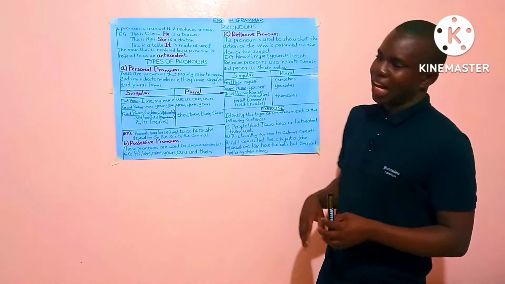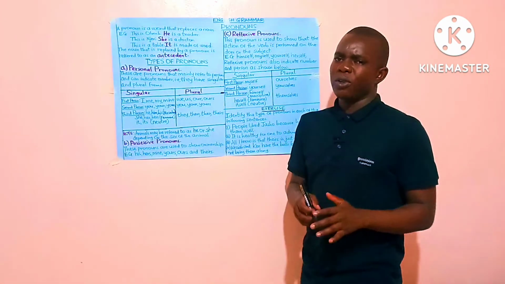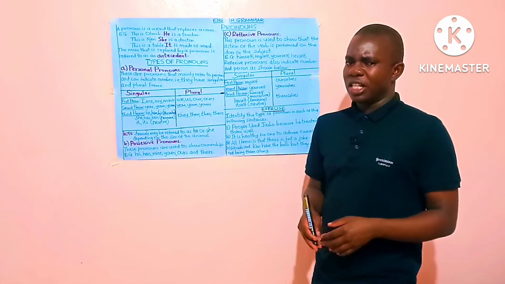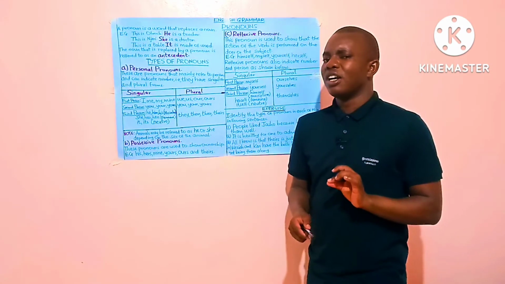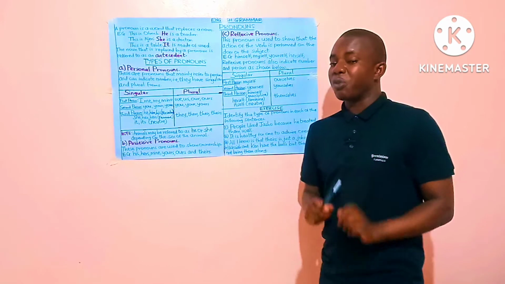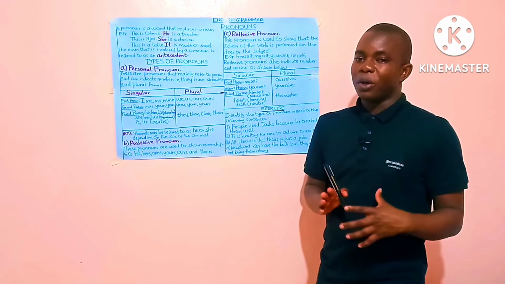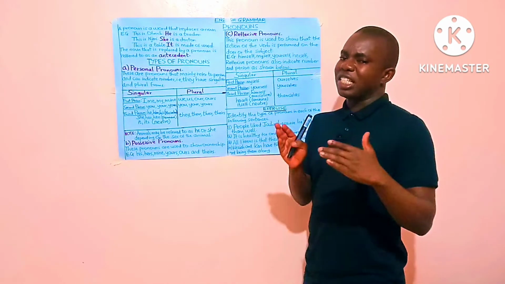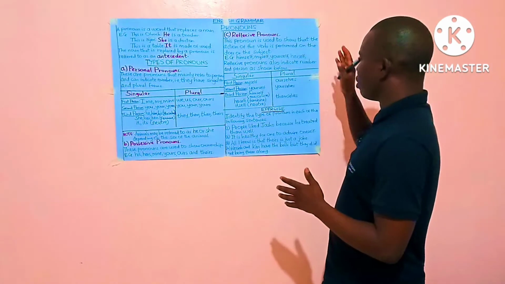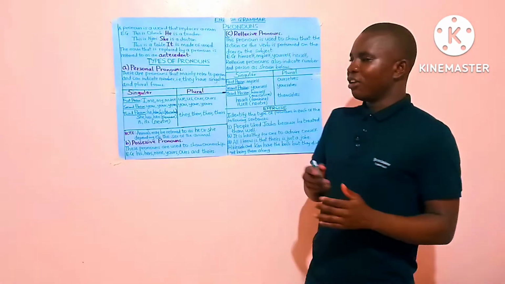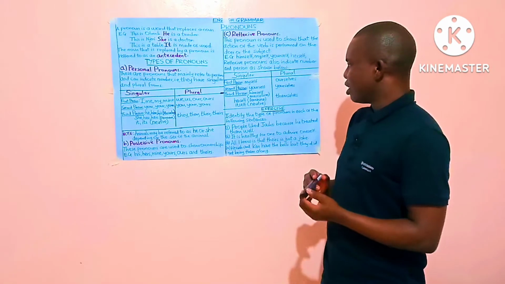Let us consider this other table with three columns. In the first column, we have the person of the various reflexive pronouns. In the second column, we have the singular, and in the last column, we have the plural. Let's begin with the first person.